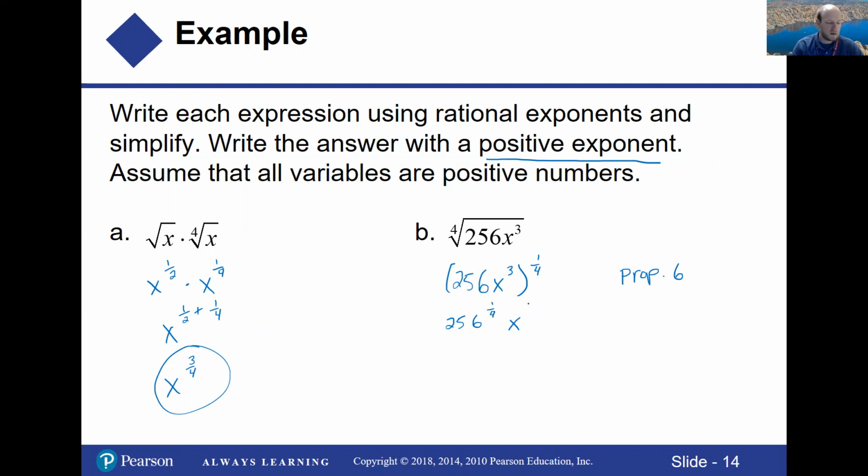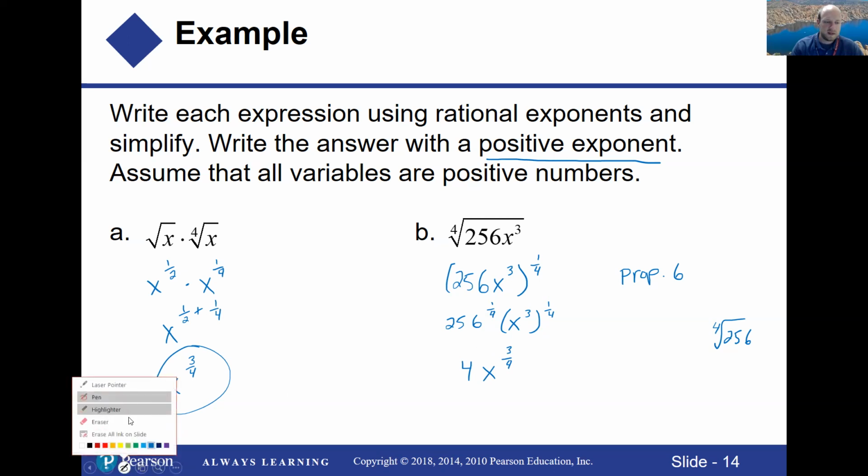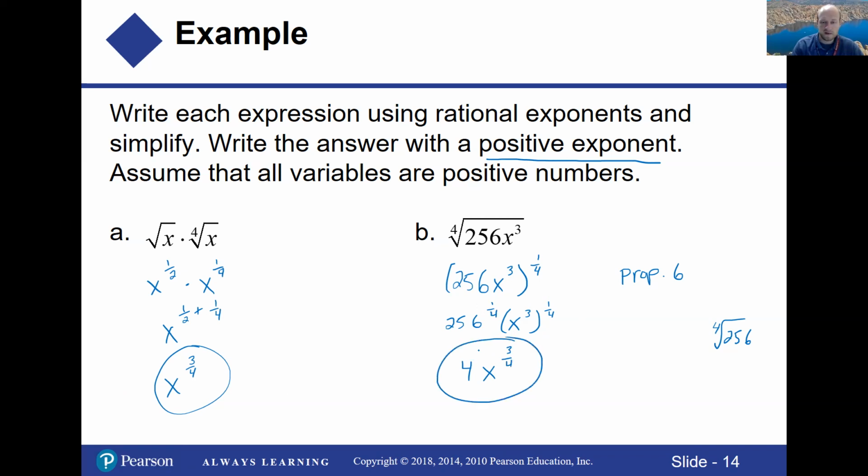Now, 3 times 1/4 is simply 3/4, but I'm going to write it like this first. 256 to the 1/4, again, that would be the 4th root of 256, which is the same thing as 4. And then I can distribute the 1/4 to the 3, so I have x to the 3/4. I really should rewrite these, the 4s are looking like 9s because I keep dragging my pen here. There we go. Okay, so 4x to the 3/4.